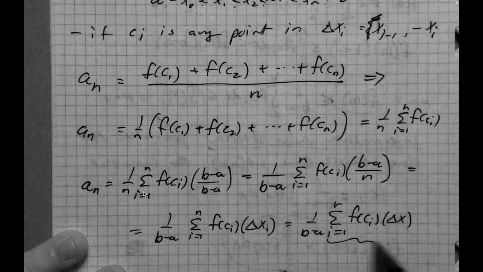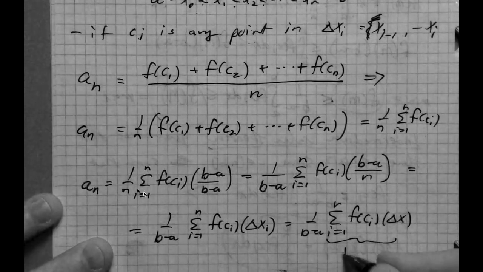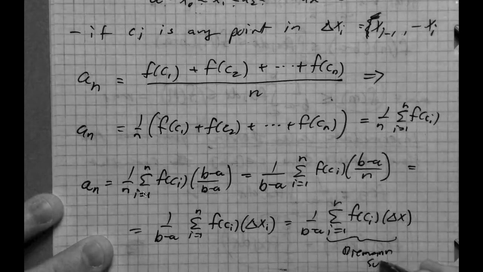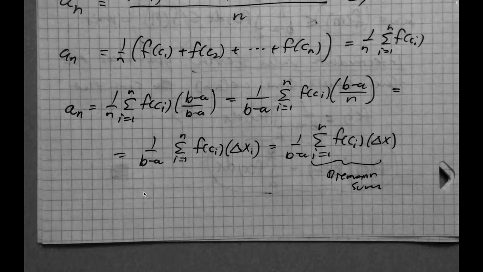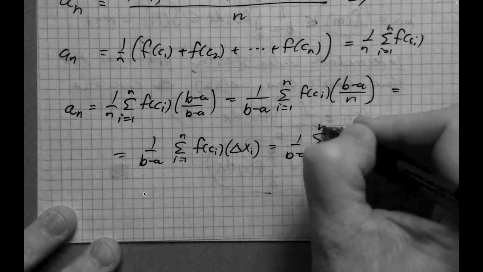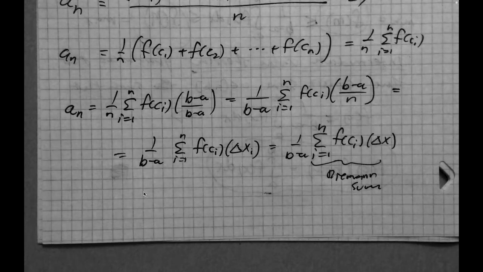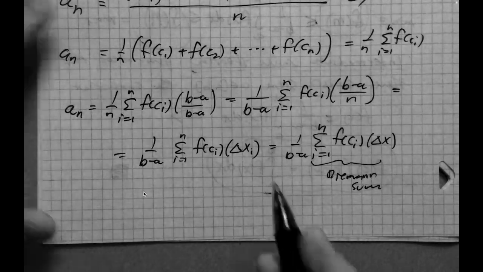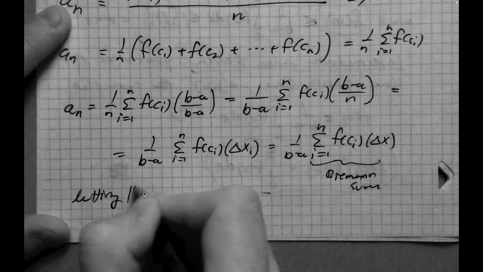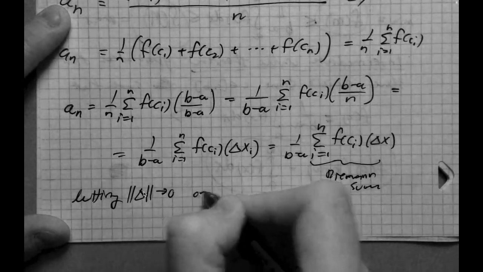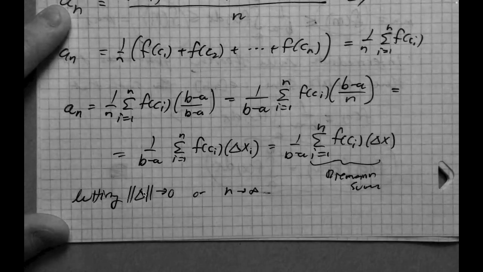Now, this is a Riemann sum, right? So whenever we see a Riemann sum, it's a quick step to get an integral. What do we do? Well, we either let the norm of the partition go to 0, or equivalently, we can take the limit as n goes to infinity. So either way, letting delta x go to 0 or n go to infinity, same thing.